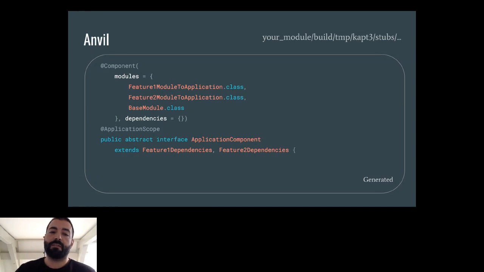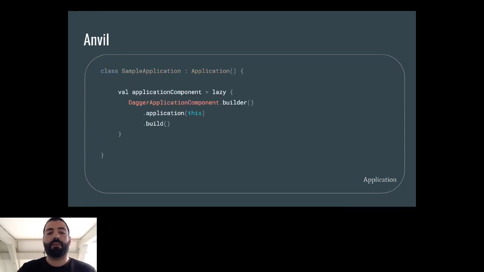But you can find this generated Java bytecode in the build temp capt tree, in the path that I put up there. It is not as pretty as I show here. I simplified it for you, but it has a lot of boilerplate around this information as well.